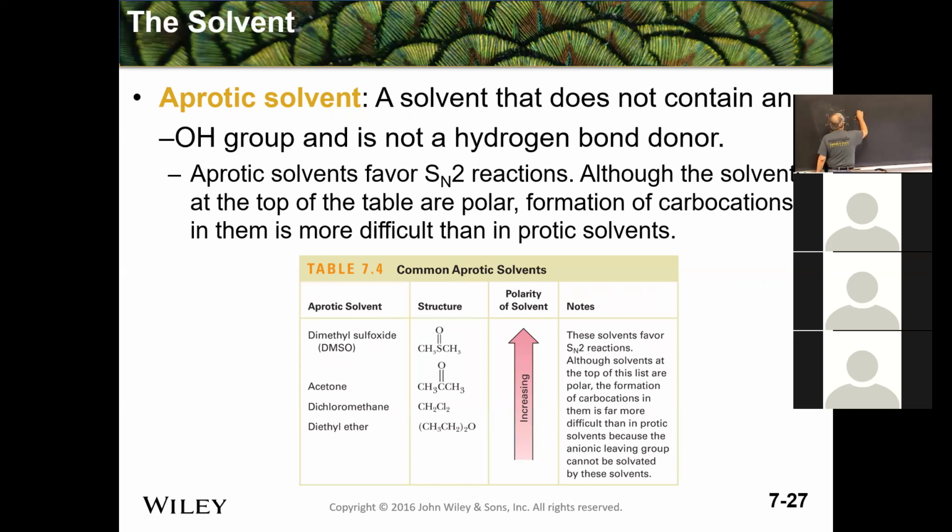The iodide will also get solvated. It'll be surrounded by solvent molecules. In this case, the electron deficient or partially positive hydrogens are going to be attracted to the negatively charged iodide. So those are solvated and separated.